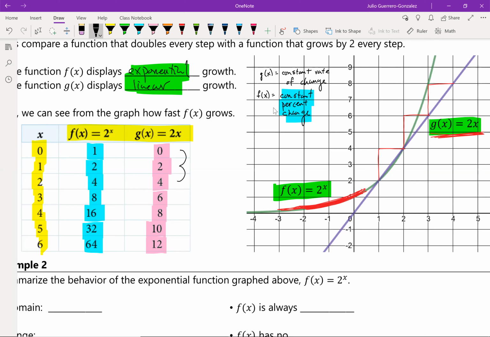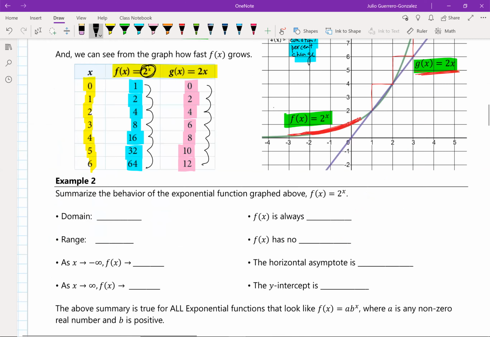As we go down the linear, we add a specific amount. But for the exponential, as we go down, we multiply by a specific amount. In this case, we were multiplying by 2, because that is what the function was telling us to do. Cool? Okay.